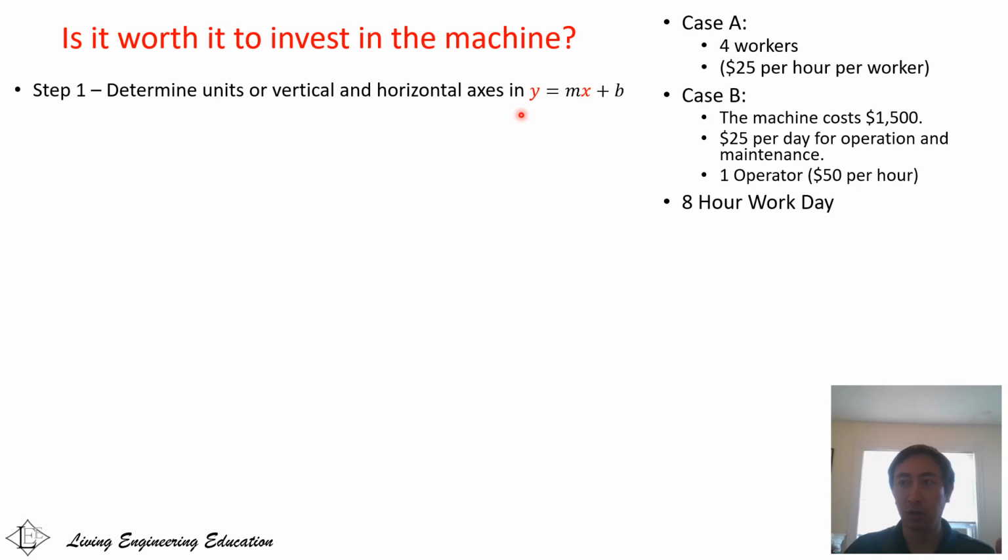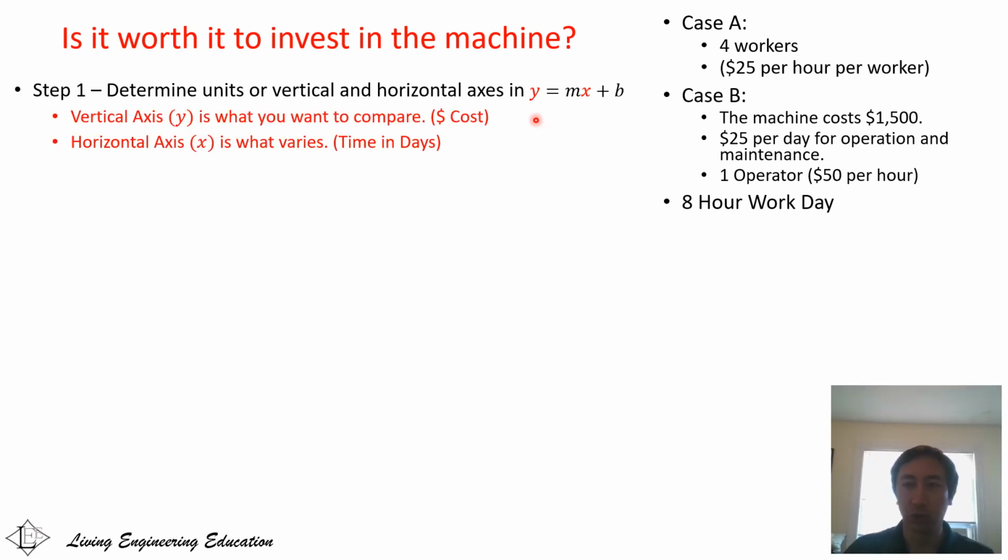These will represent the data points for your y equals mx plus b equation. So how do we determine this? Well, in general, the vertical axis, the y-axis, is what you want to compare. And the horizontal axis, the x-axis, is what you allow to vary.